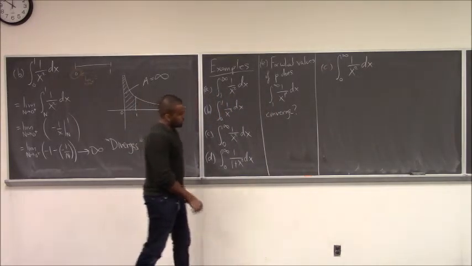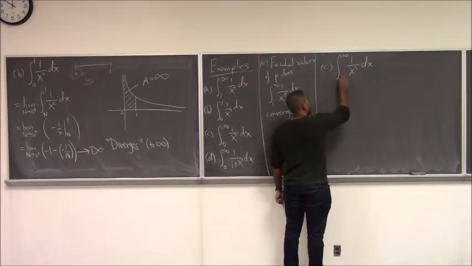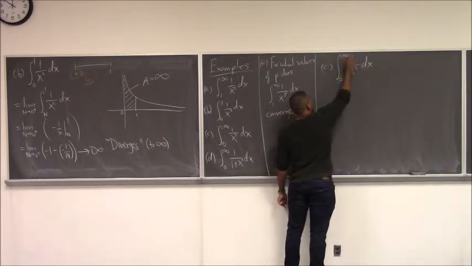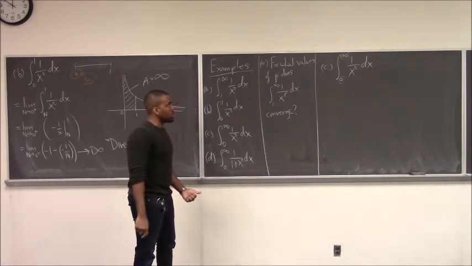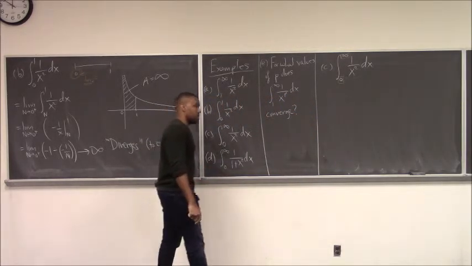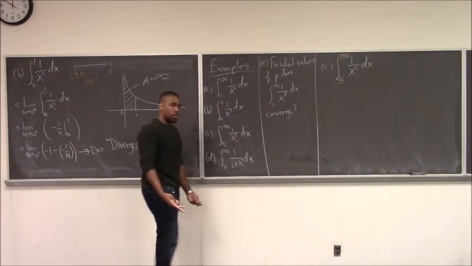What I want you to notice here is that both 0 and infinity are quote-unquote bad points. Infinity is not an actual number that you can plug into your function, so it's not defined. And obviously you can't plug in 0. So I have 2 bad points on the integral.